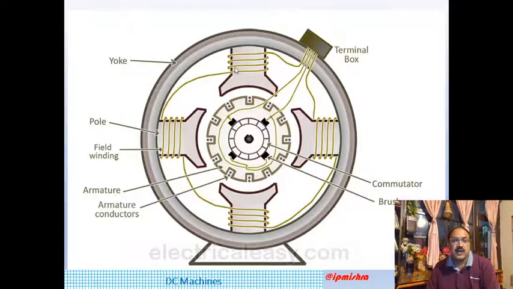If the first pole is N, then the next has to be S, the third has to be N, and the fourth has to be S. In this figure, you can see the terminal box, commutator, brushes, armature conductors, armature, field winding, pole, yoke. We'll discuss the construction features of this machine at the end.